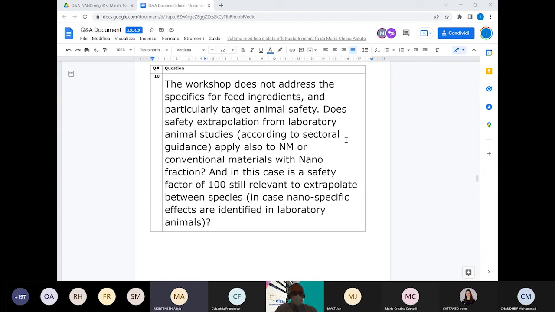Somebody has written that the workshop does not address the specifics for feed ingredients and particularly target animal safety. I'm not sure if I understand, but I think the question is that we do not address the paradigm for assessment of feed additives in feed, because we do not assess feed ingredients, neither for human consumption, unless there are novel foods, of course, but we perform, for example, for regulatory products in EFSA evaluation of feed additives and food additives.